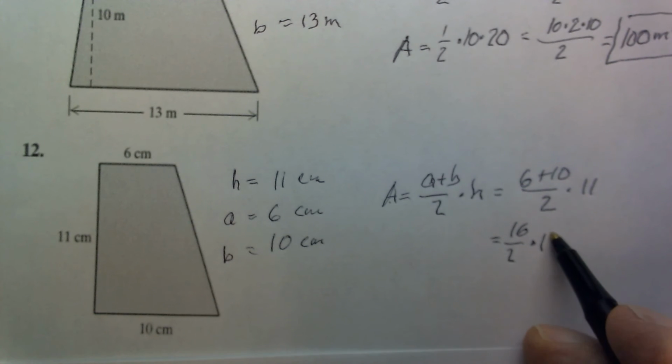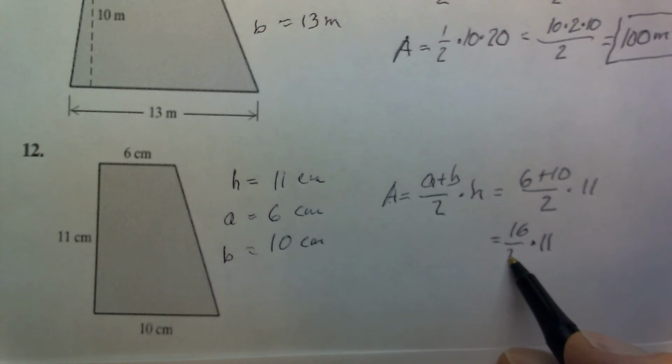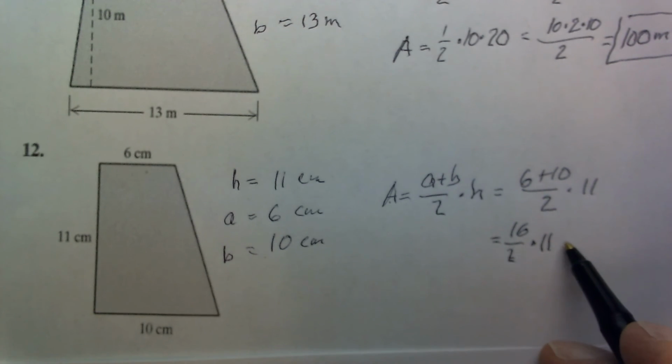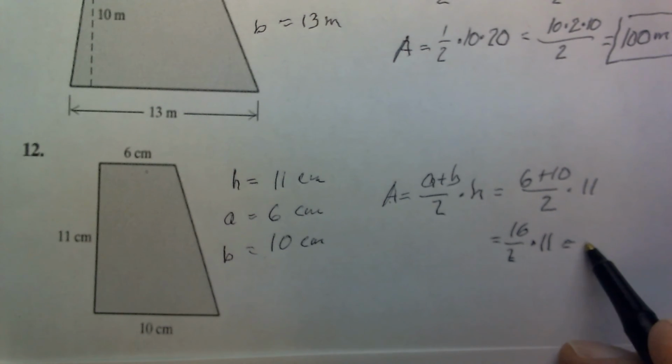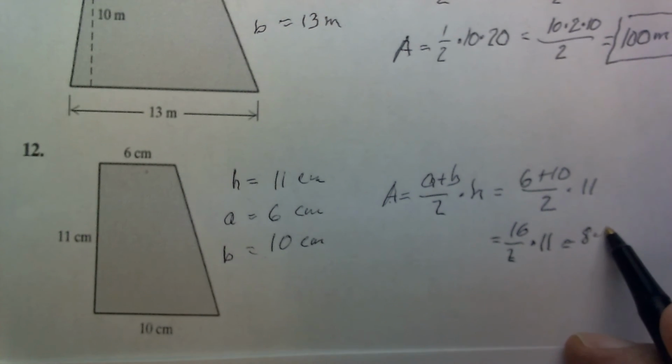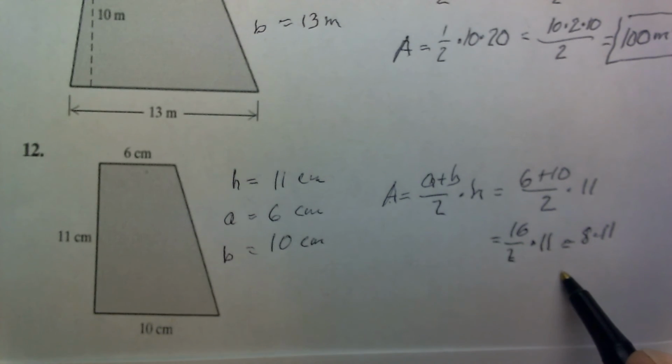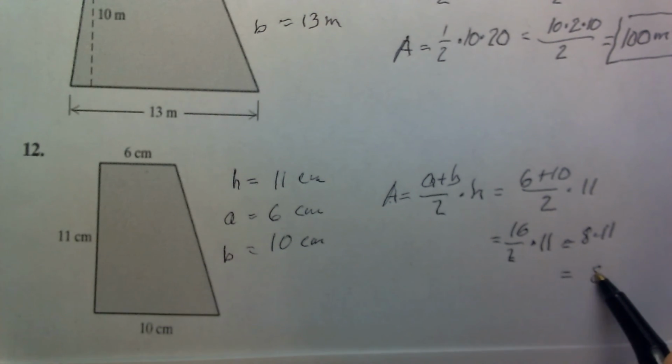Times 11, and 16 divided by 2 is 8, so it's 8 times 11, or 88 square centimeters.